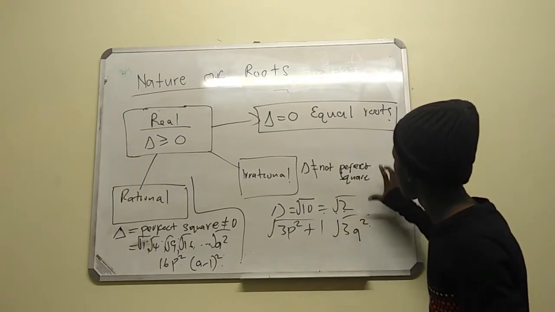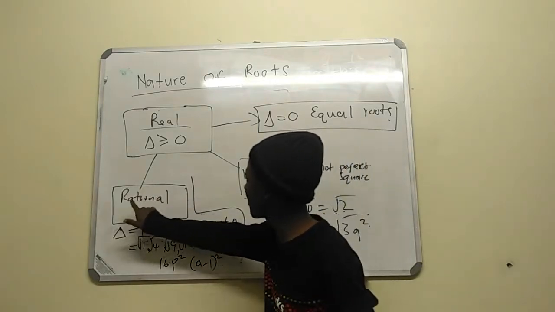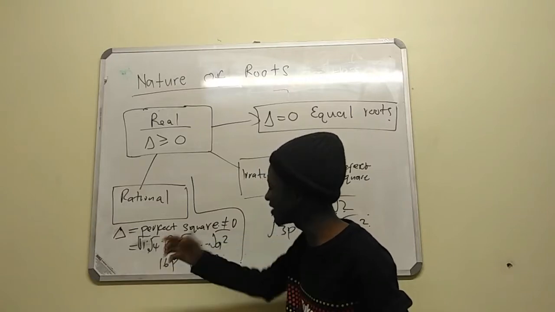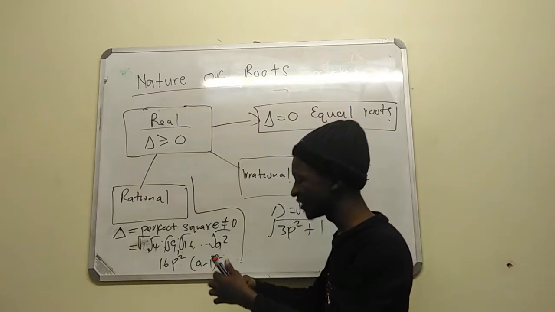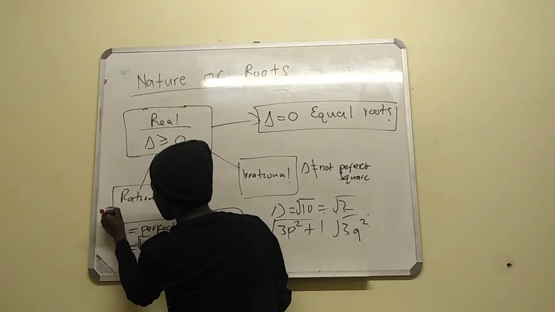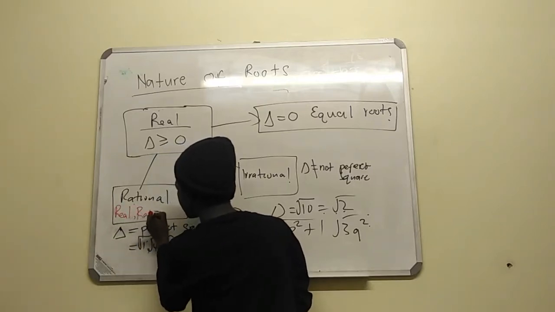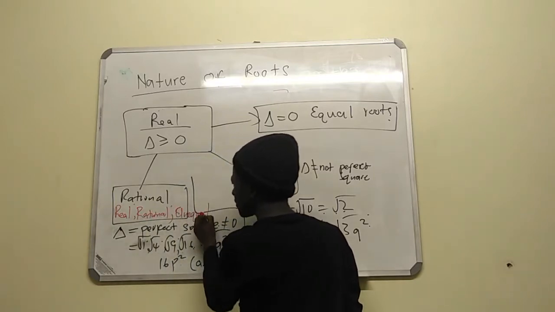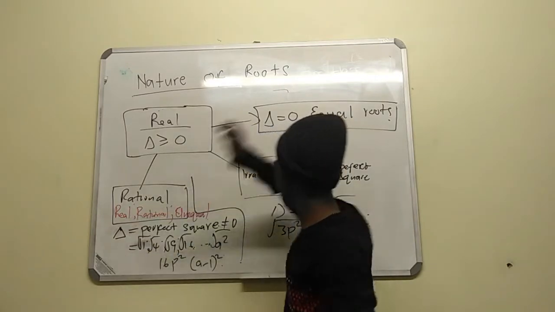Let me refresh with you a little bit. If we find that our delta is greater than 0, and that delta that we find is a perfect square, it means the roots of these things are real, rational, and unequal.